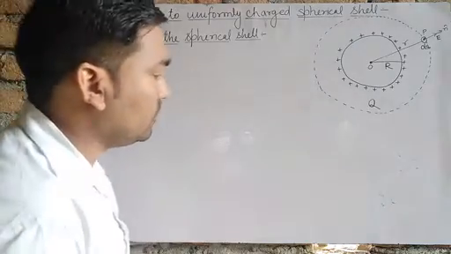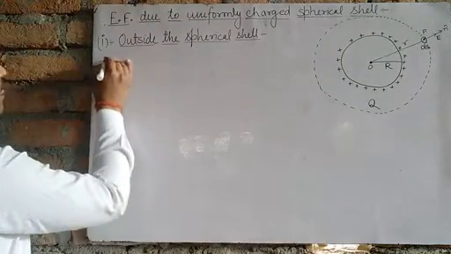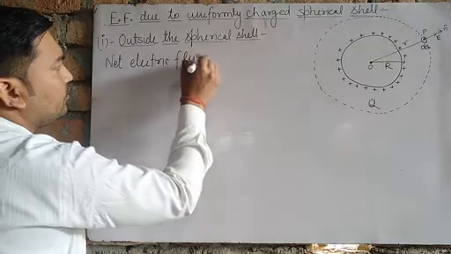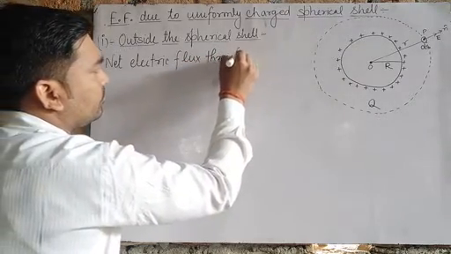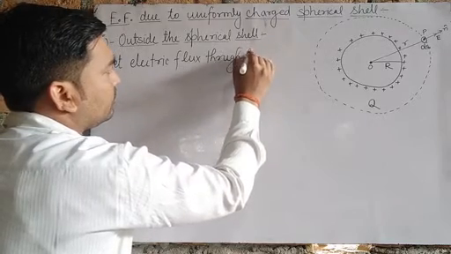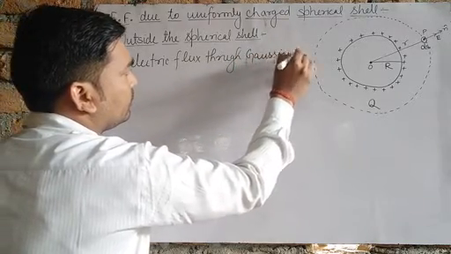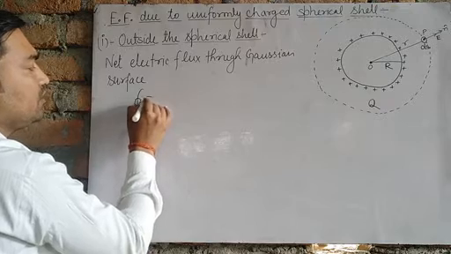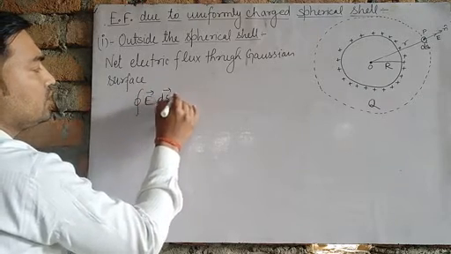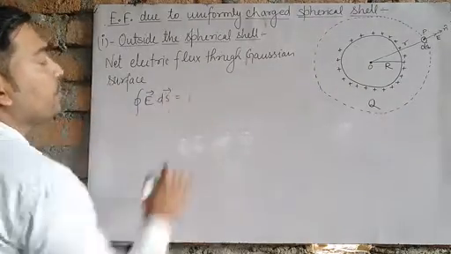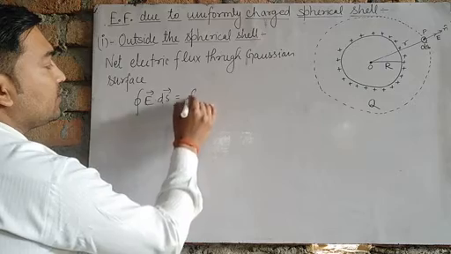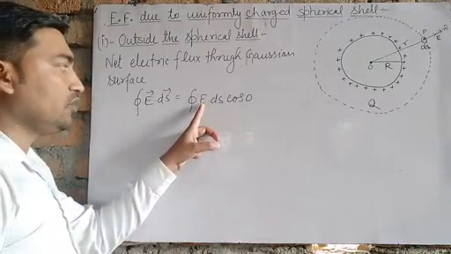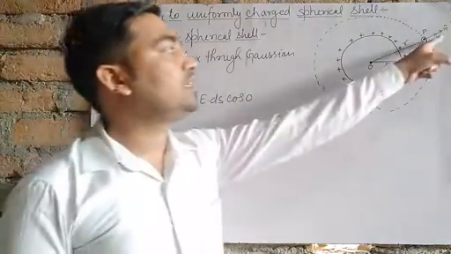The net electric flux is represented by the closed integral of E dot ds, which is written as E dot ds cos 0 degree, because the angle between E and ds is 0 degree, as both are in the same direction.